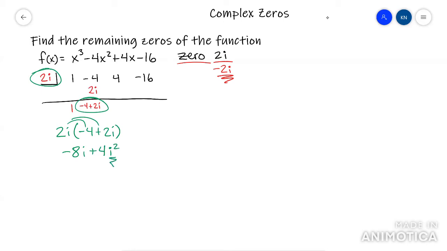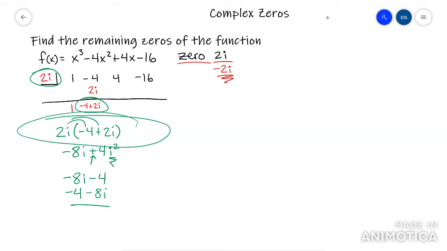Well, this i squared part changes the sign and it disappears. So really, you could rewrite this like this. So that's just something to think about. You're going to have to multiply, and when you do that, you're going to have to distribute here, and the i squared part changes the sign and drops out. Okay, so just keep that in mind. That's how I'm doing this.